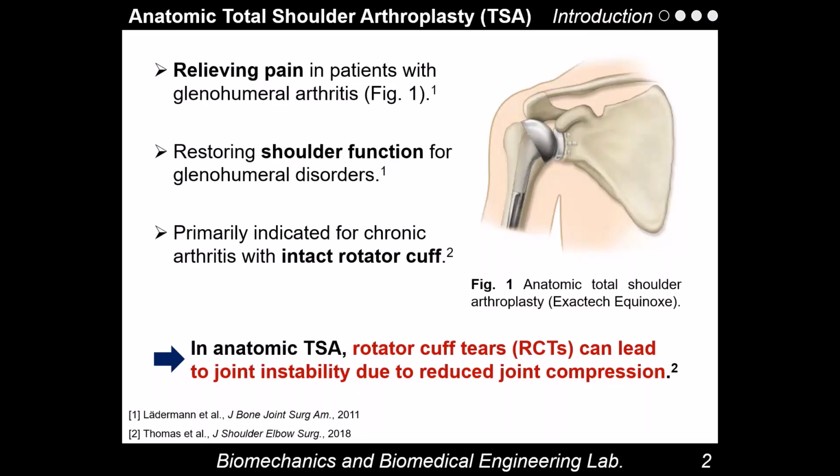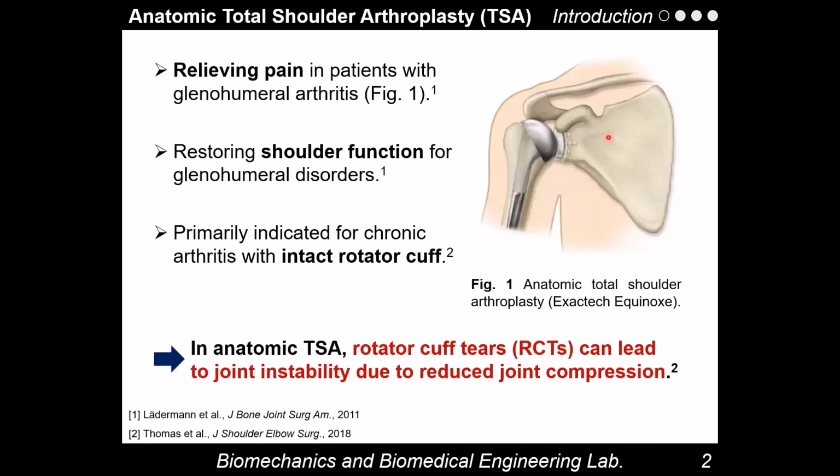To provide some context, I'd like to briefly explain what total shoulder arthroplasty entails before we dive into reverse TSA. Charles Neer pioneered modern anatomic TSA in the 1970s. As shown in Figure 1, this conventional approach focuses on replicating the shoulder's natural anatomy.